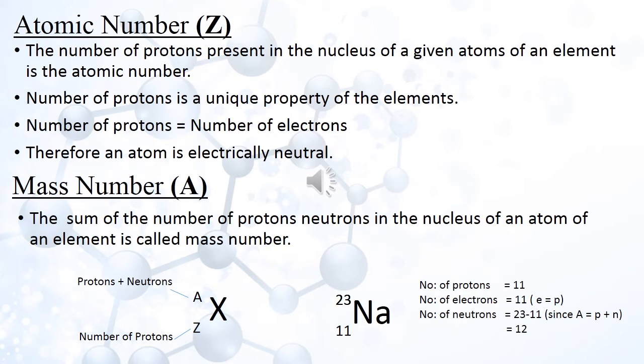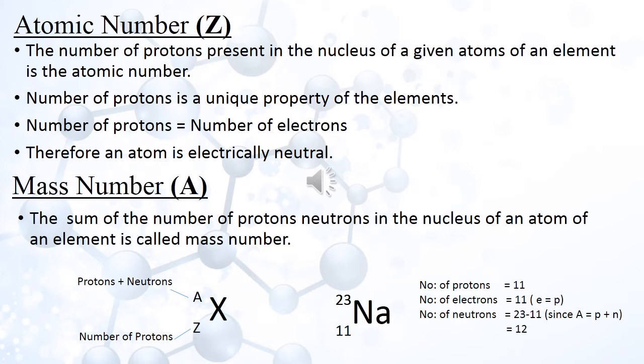Mass number, indicated with capital A. What is mass number? The sum of the numbers of protons and neutrons in the nucleus is known as the mass number. I told you the mass of the electrons is very small. They are very light.